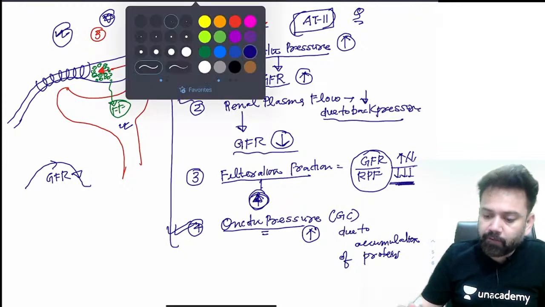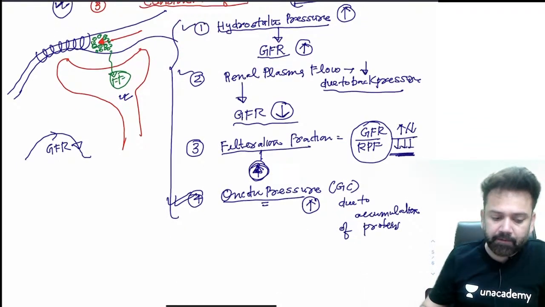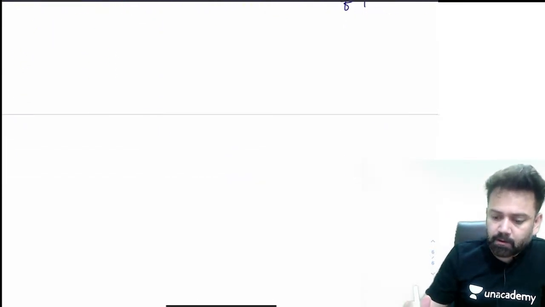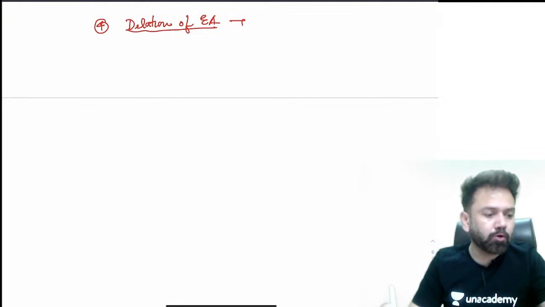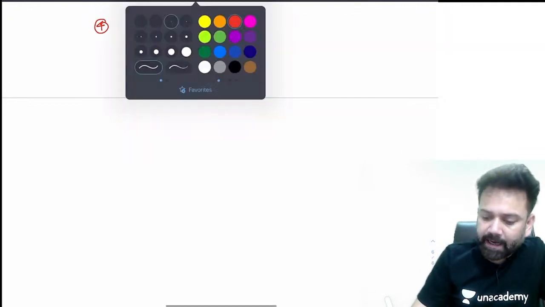Now the fourth is dilation of the efferent arteriole. So who is going to cause dilation of the efferent arteriole?